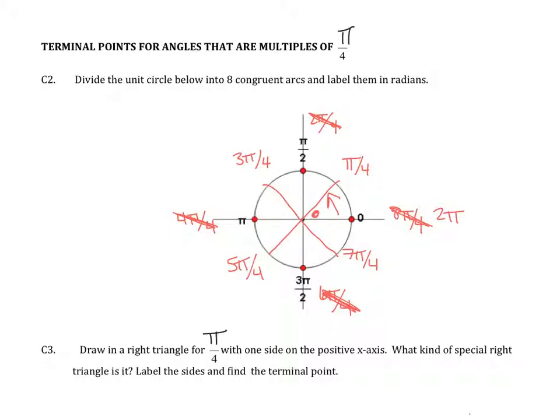We have done changing back and forth between radians and degrees, and if you know how you do that, pi over 4 times, bring in the degrees, divide out the radians, you wind up with 45 degrees. So this little dot right here, that's a 45-degree angle.